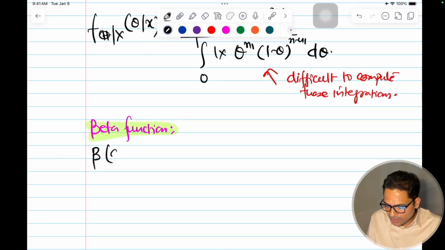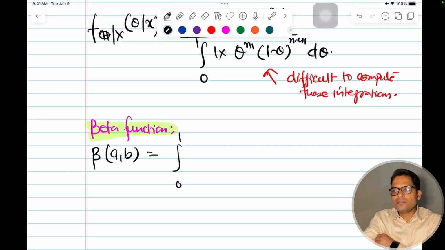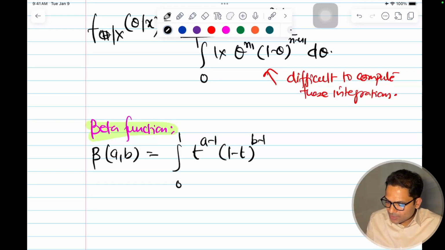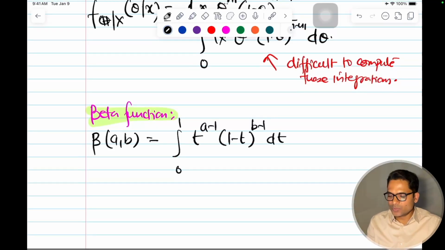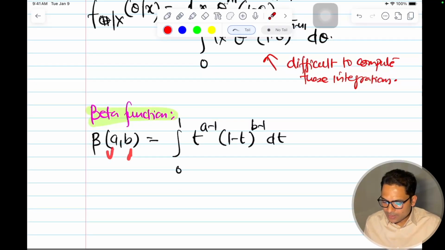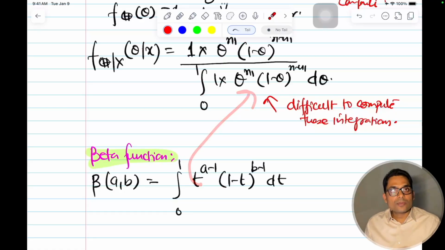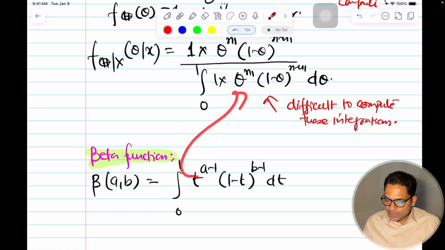Beta of a comma b is given as the integral from 0 to 1 of t to the power a minus 1, there are two parameters, and then 1 minus t to the power b minus 1 dt. So if you see, this is equivalent to both of them, they look similar. Instead of t, just put theta.